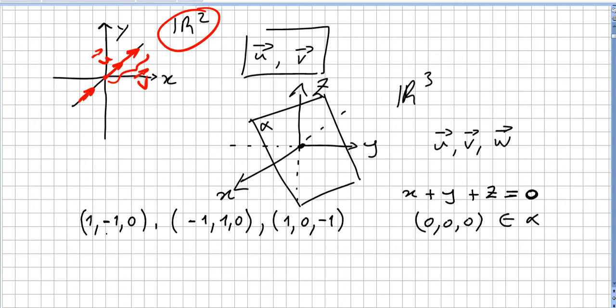Any set of three vectors that lay on this alpha plane will always be dependent. So this is if and only if. If you have three vectors on the plane, they will be linearly dependent, and they will be linearly dependent if and only if they lie on the same plane.